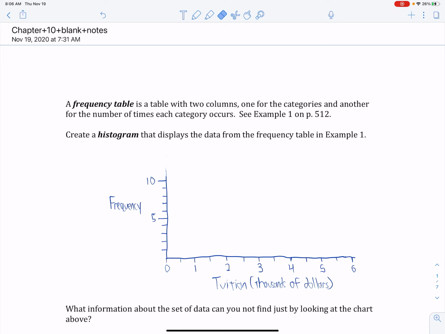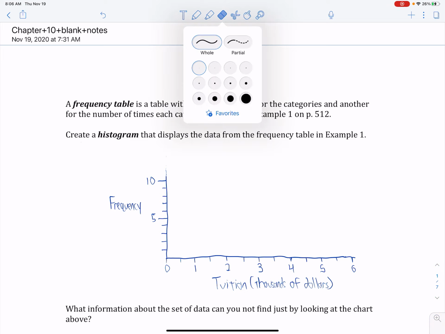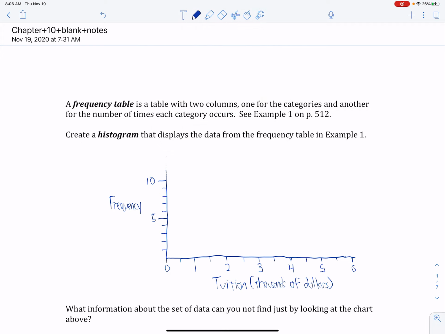And the way we would draw that on what's called a histogram, let me switch colors here. We would draw a bar starting at 1 that goes up to 5, because that category had a frequency of 5. The next category, starting at 1.5, has a frequency of 0, so we can skip over the bar starting at 1.5.